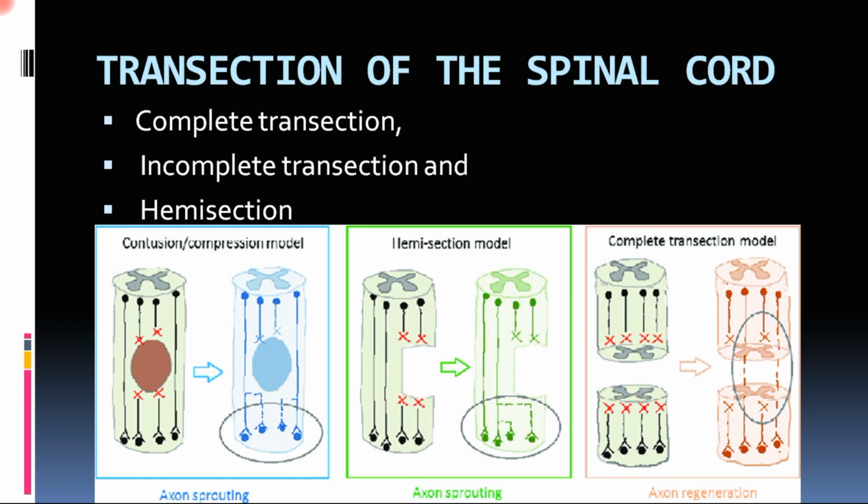Now looking at the hemisection model, as you can see here, there is the hemisection which is involving only one half of the spinal cord. So as you can see, on the other half, all the signals, the descending and ascending tracts, are intact, whereas the affected half has the same lesion as the complete transection.